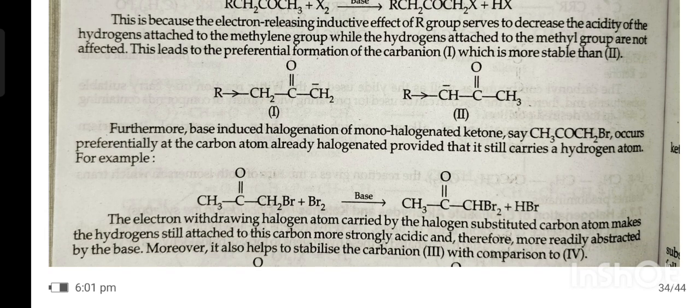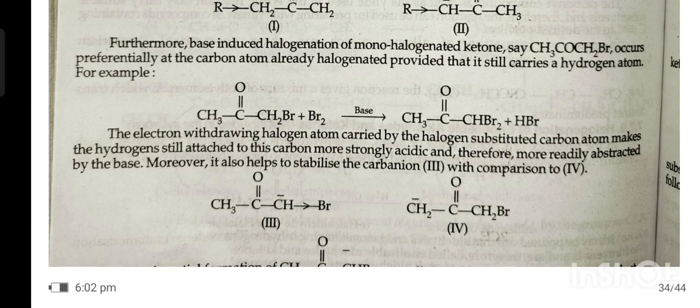Further, base-induced halogenation of monohalogenated ketones, say bromoketones, occurs preferentially at the carbon atom already halogenated, provided that it still carries a hydrogen atom. For example, this is given below.